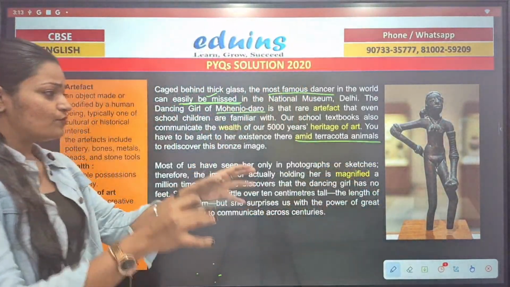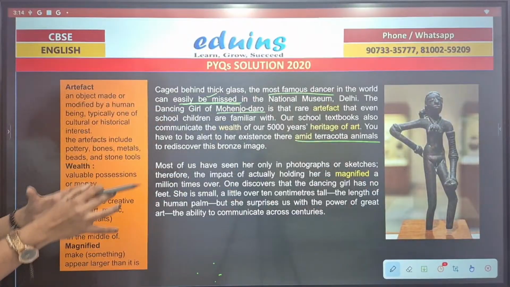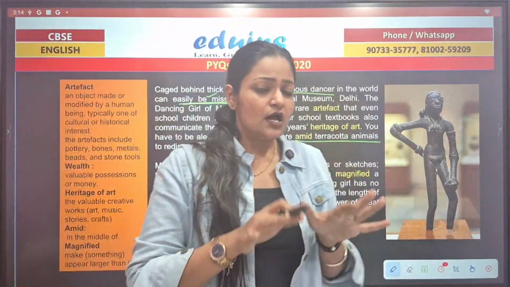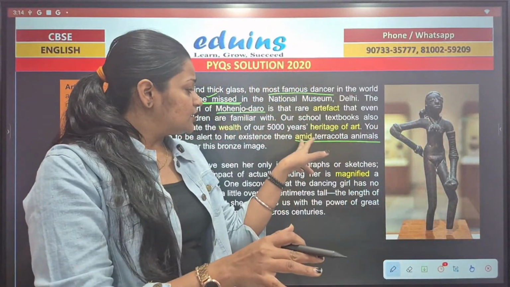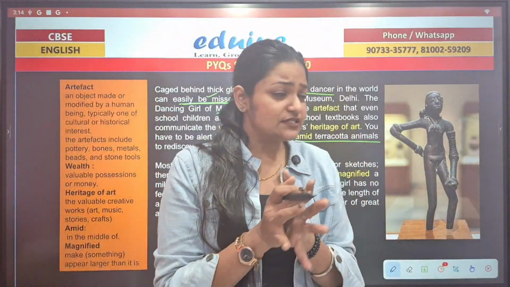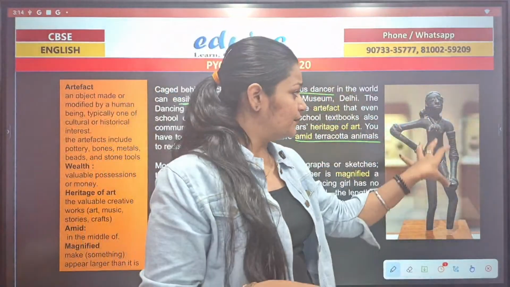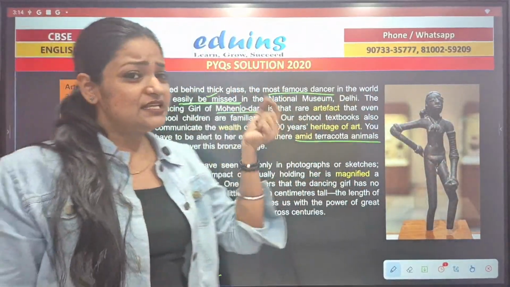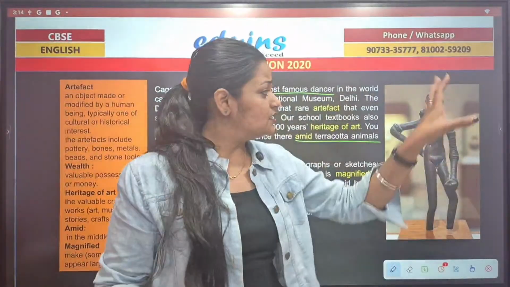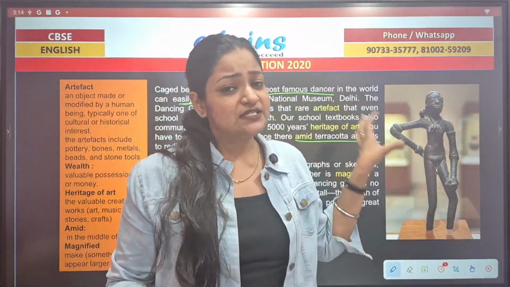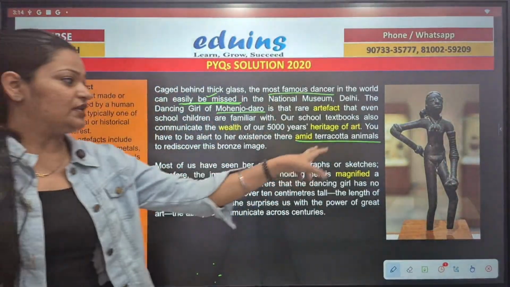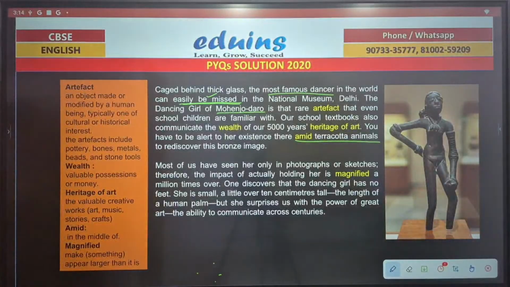The dancing girl statue is in the middle, surrounded by so many terracotta animal statues, and that's why it says she can be easily missed. Okay, you can miss this famous dancing girl because there are so many things to see, especially the terracotta animals surrounding her.